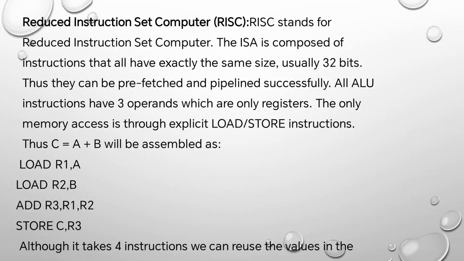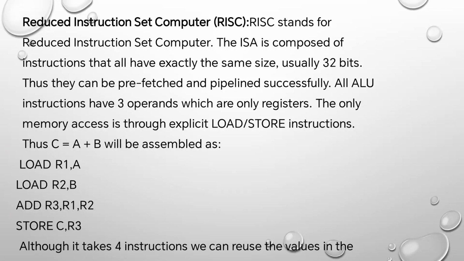Reduced Instruction Set Computer, that is RISC. RISC stands for Reduced Instruction Set Computer. The ISA is composed of instructions that have exactly the same size, usually 32 bits. Thus, they can be prefetched and pipelined successfully. All ALU instructions have 3 operands, which are only registers.